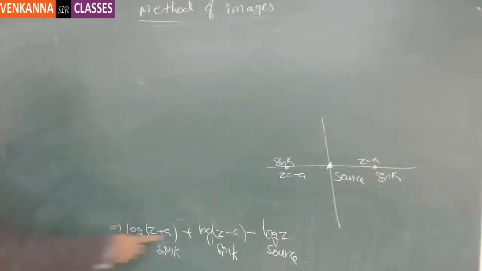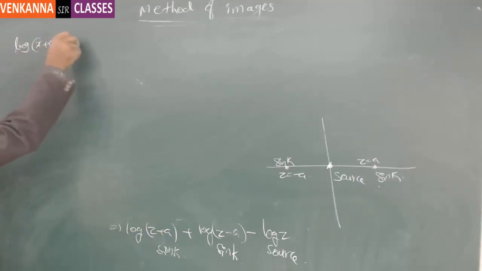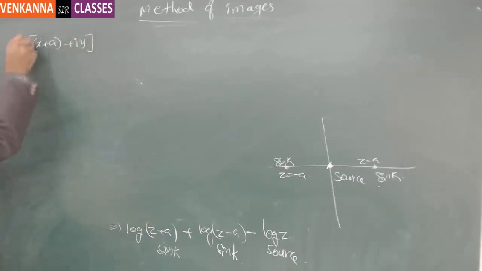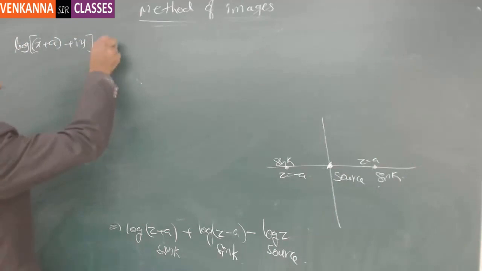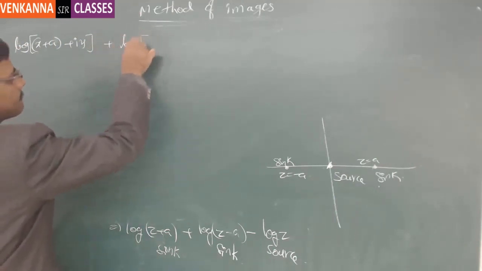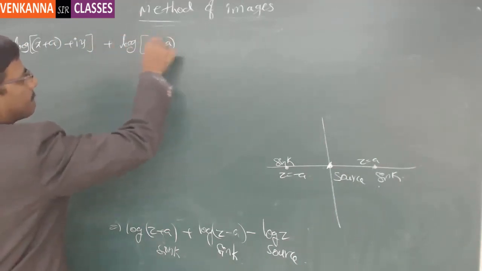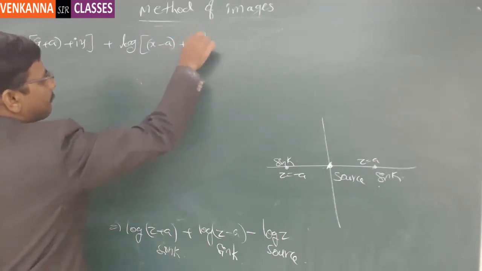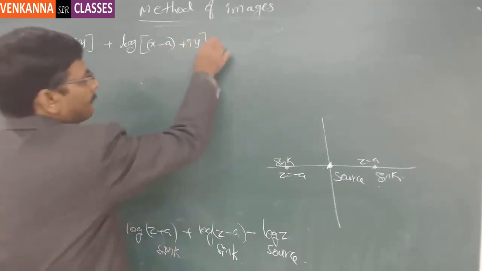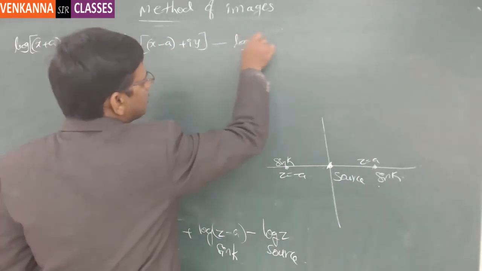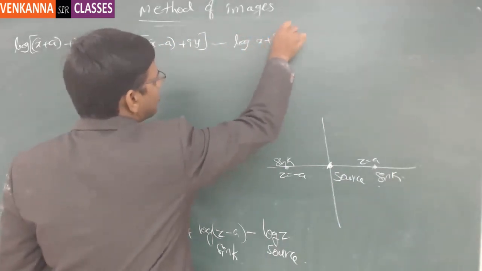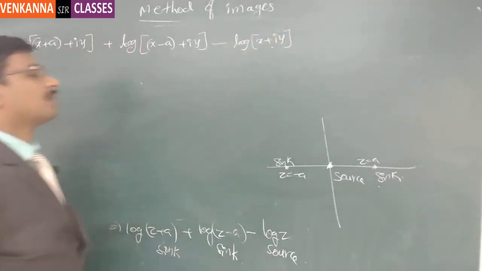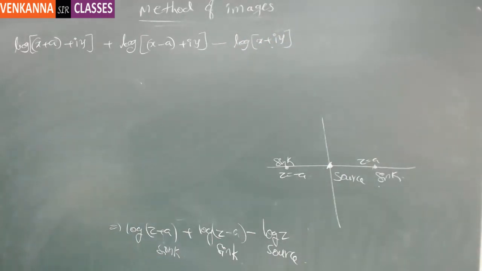So here log Z plus a can be written as log of x plus a plus iy, plus log of x minus a plus iy, minus log of x plus iy. So this is the complex potential by separating the real and imaginary parts within the function.